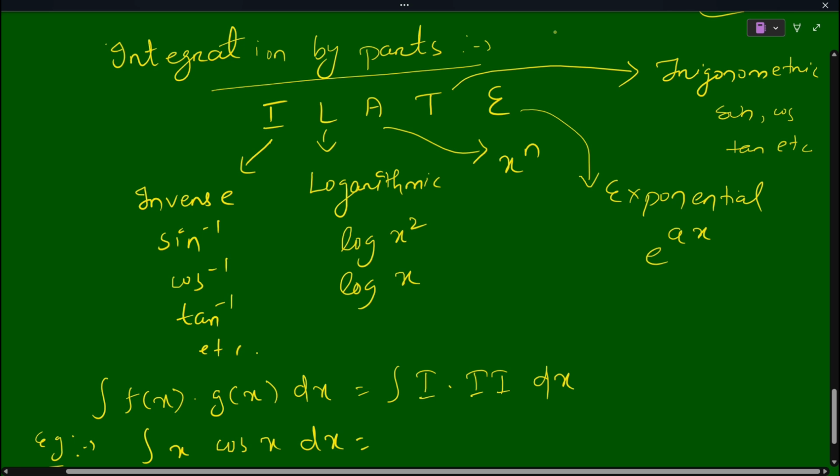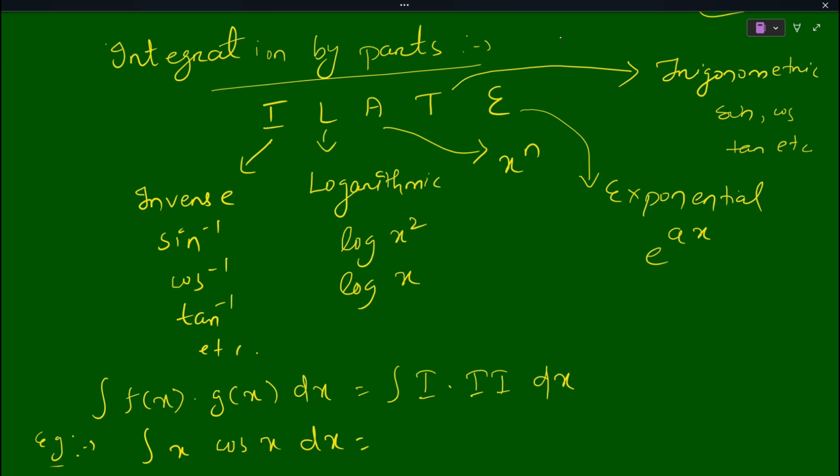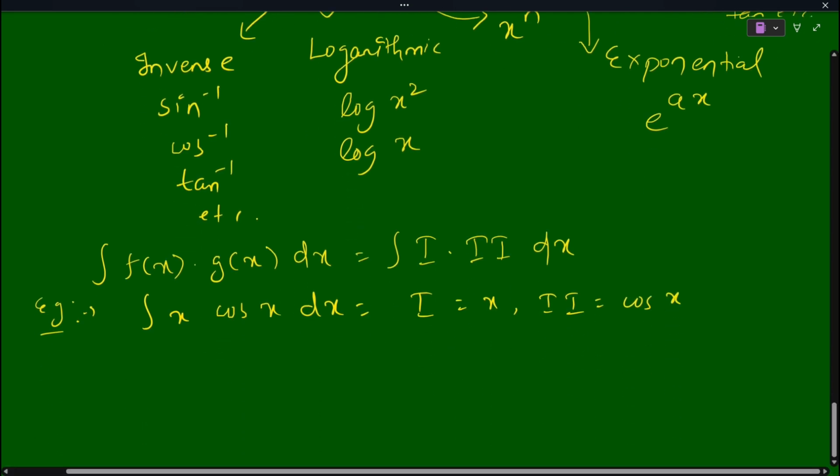No. Then is there a logarithmic function? No. Then next comes the algebraic function, which is of the form x to the power n. So the first function is x. Similarly, the second function is cos x. That is simple. Then we will use the formula.